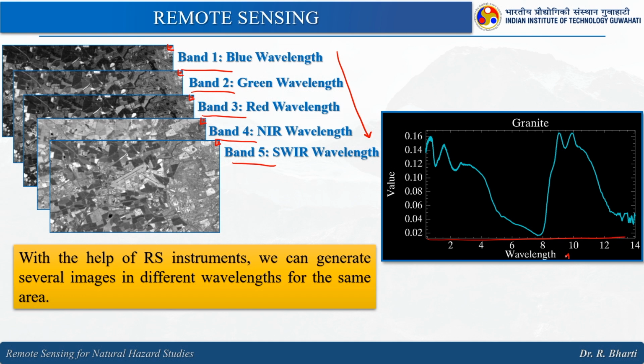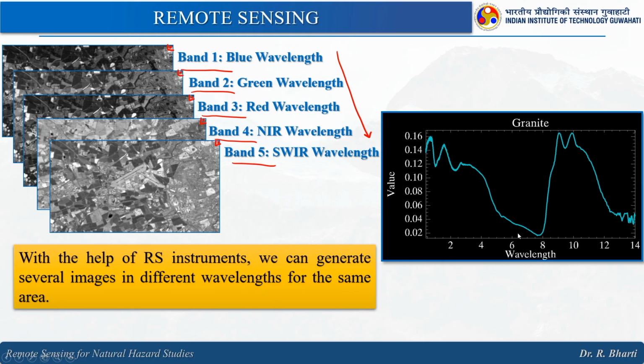This is wavelength versus DN value, or reflectance, or emittance, or backscattered energy. If you plot, you will get this kind of spectra, right. This spectra will tell you the wavelength ranges where things are happening. I will explain this concept in a subsequent lecture of this course, right.